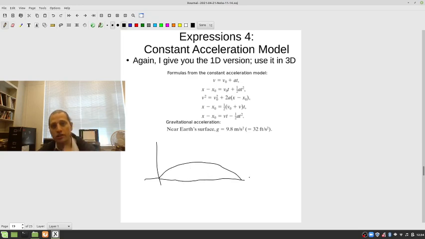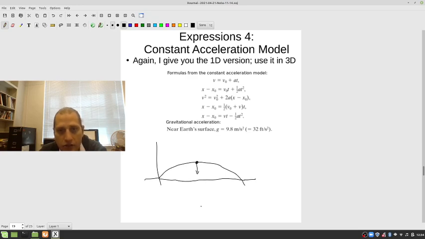And essentially the conclusion we came to back then, and we still agree with it, is that the force of gravity is pulling down on the object. It's not pulling in the back and forth direction. And so my acceleration is only going to be in the y direction.